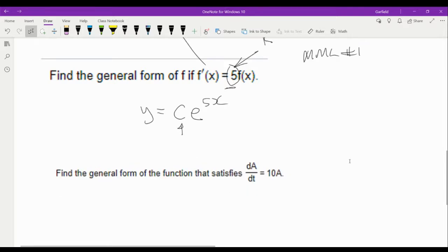All right, what do you think? This is number 2 in my MATLAB. What do you think the general form of the function is?